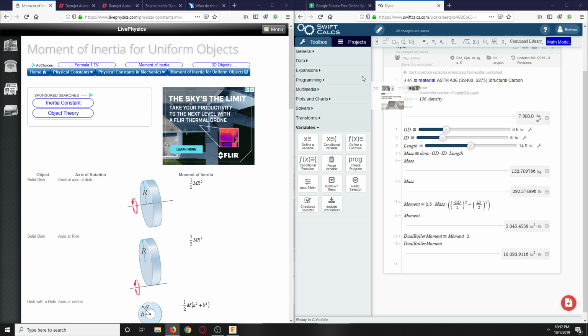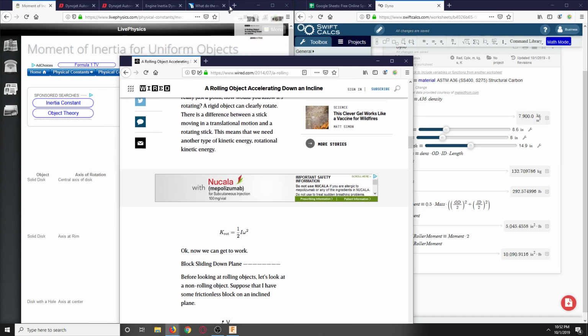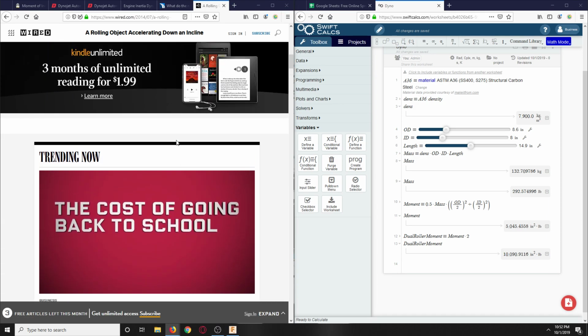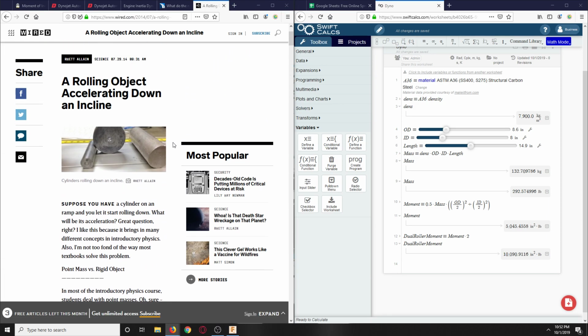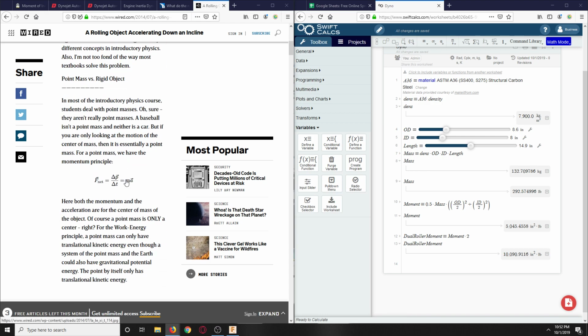So here's kind of an idea. This is more of a rolling example, but it will also help us. Basically here, a rolling object accelerating down an incline. So net force is power in some vector over time, right?